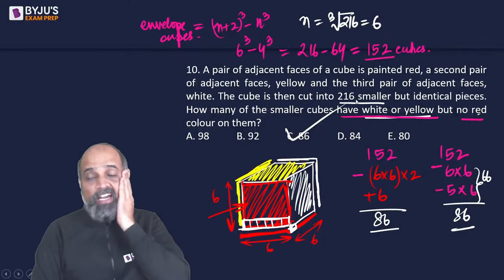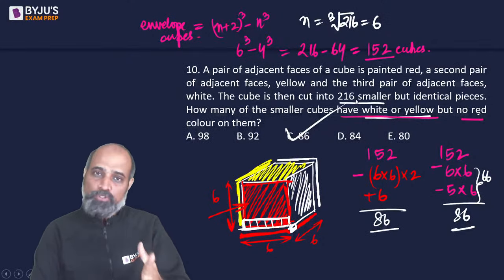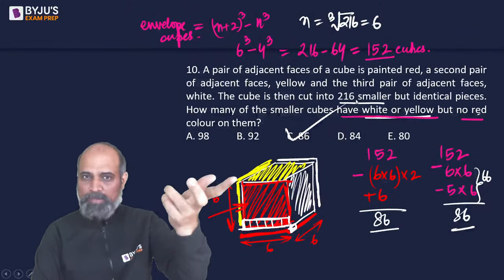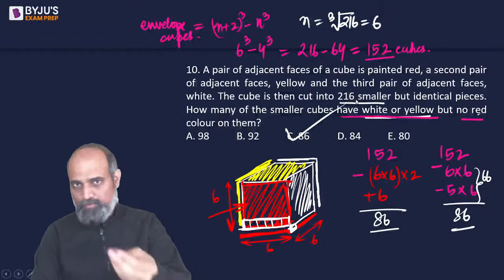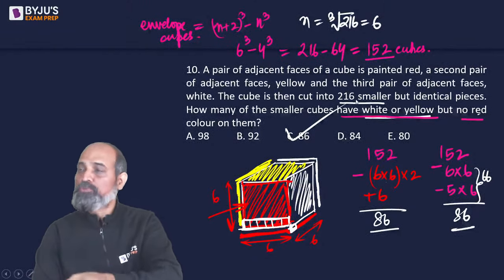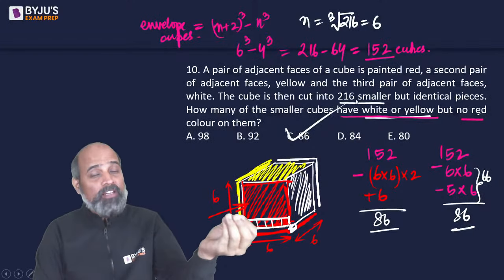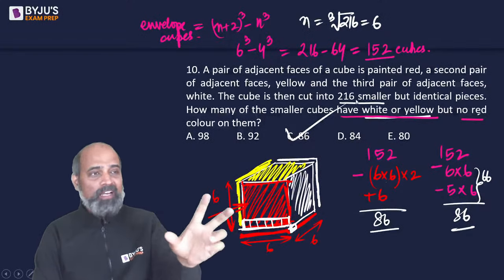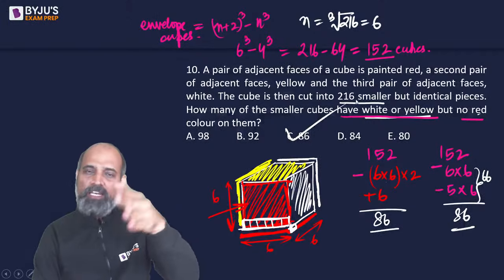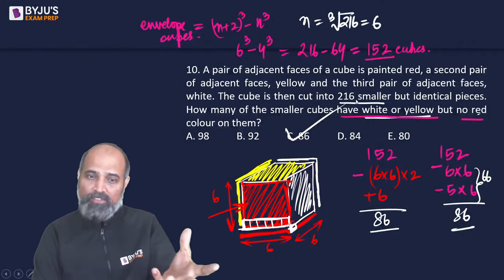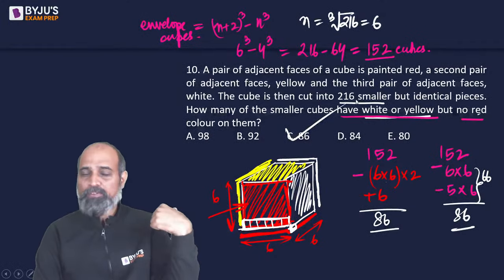So there are very standard types of questions on cubes. One is in 3-dimensional space, where the number of cuts will give you some cubes, and cubes will be used to figure out how many cuts are required. That is one type. Another is when a cube is kept and you slice it with the coloring, the one that we just saw.